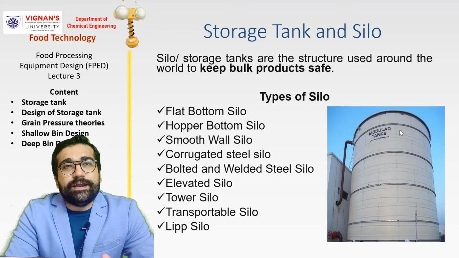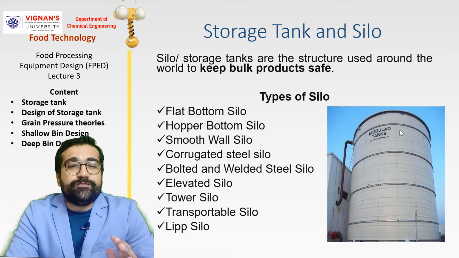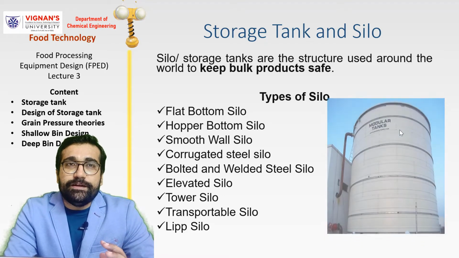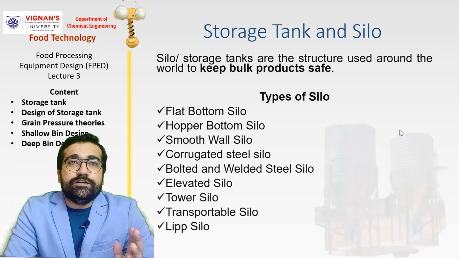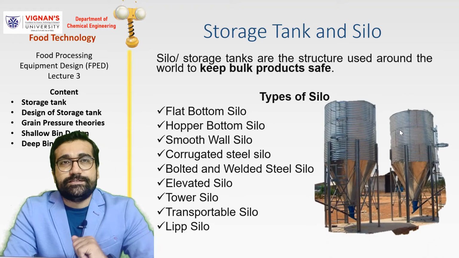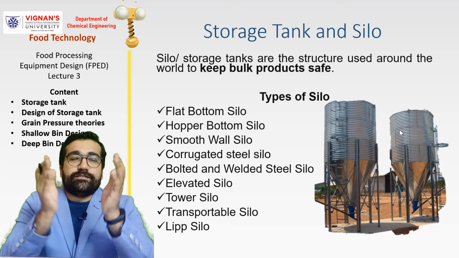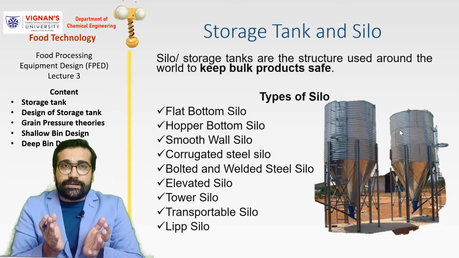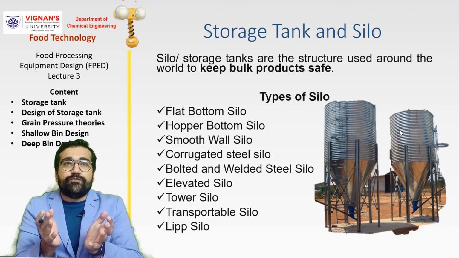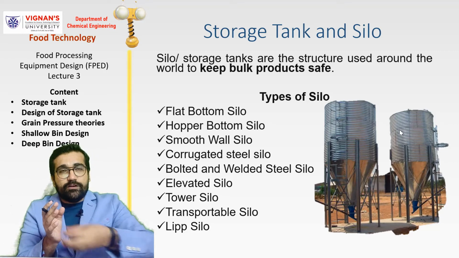After the bolted and welded silo, the next type is the elevated silo. As the name indicates, this type of silo is elevated a little bit from the surface, because when we are storing grains, we should have some provision to unload the silo.